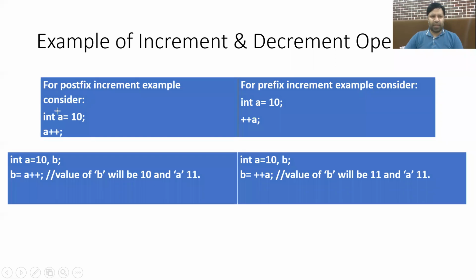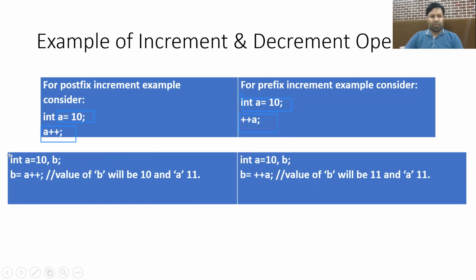So the value of a is equal to 10, and we apply the postfix increment on a. So the value of a will be incremented by 1 and it will become 11. On the right hand side, again we have assigned the value of 10 to a and pre-increment the value of a by 1. The value of a will again become 11. Hence, there is no difference between the postfix and the prefix increment if we are using it without the assignment.